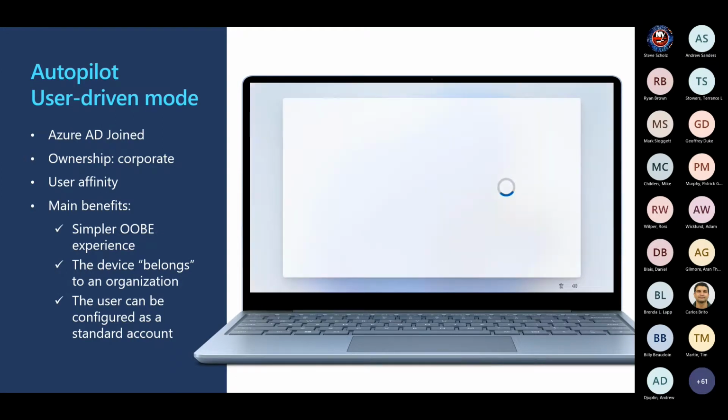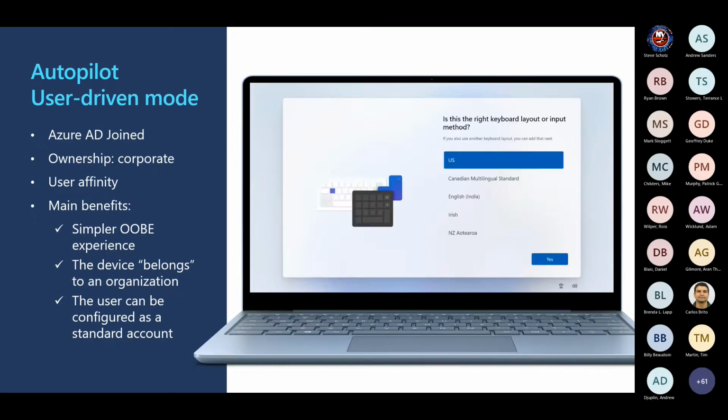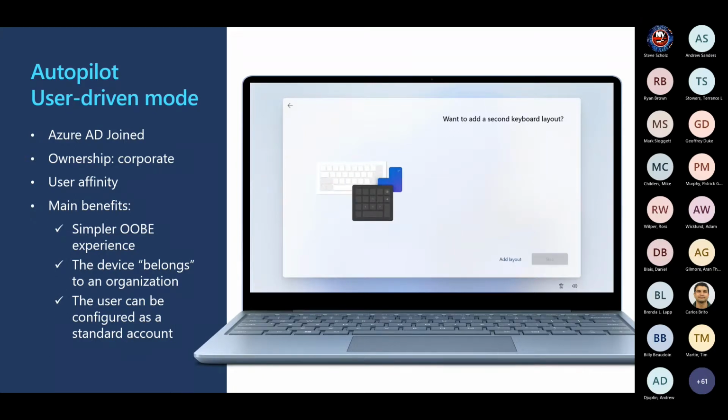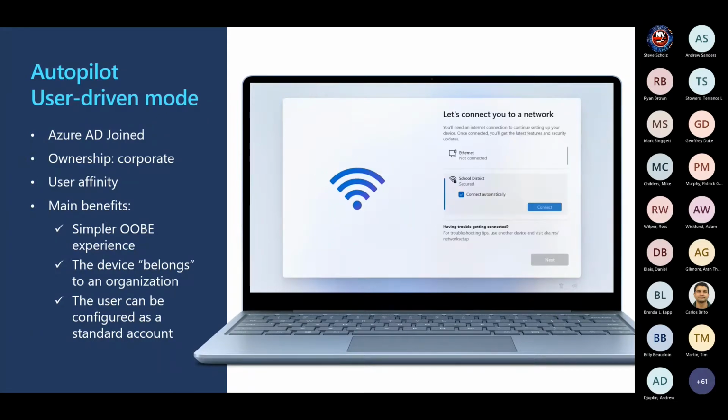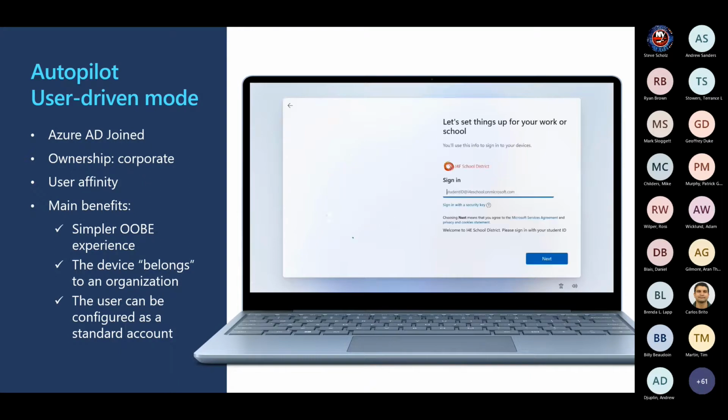You will see it's a lot more simplified. And obviously, all the videos have been accelerated a bit so that you wouldn't have to wait for the typical process to take place, but all the steps are there. I'm going to connect to Wi-Fi in this specific case. You will see that some of the screens that we had to configure previously do not get prompted to the user, because that's also configured as part of the Autopilot profile.